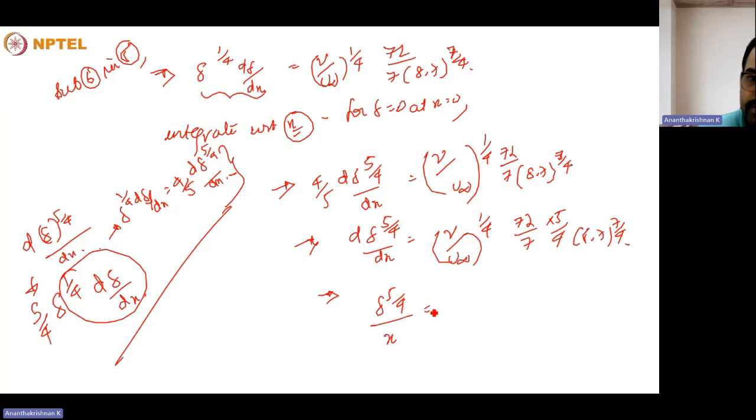So taking the x on this side, you'll get nu by u infinity raised to 1 by 4, 72 by 7 and the other constants.